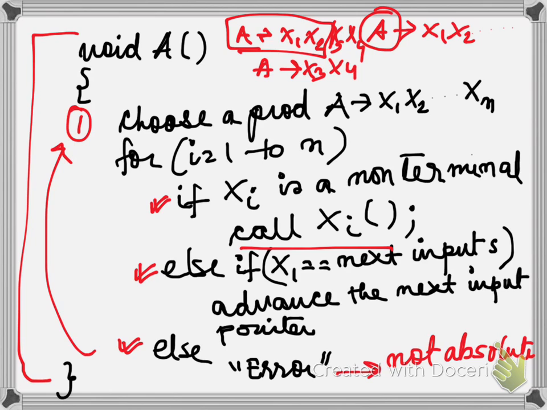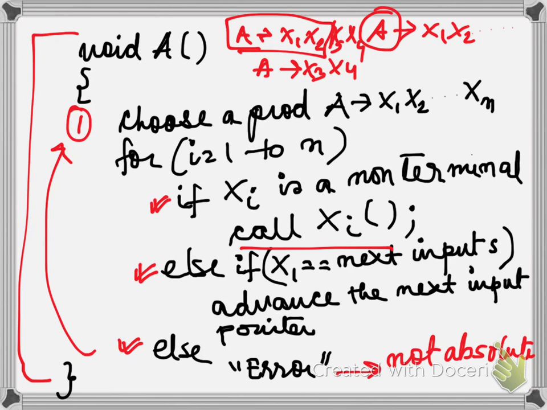And I'll continue this procedure as long as I get A productions. If after exhausting all A productions I don't find the match, then that is an error in the parsing. So this is with backtracking. And the algorithm that I have given here is without backtracking.